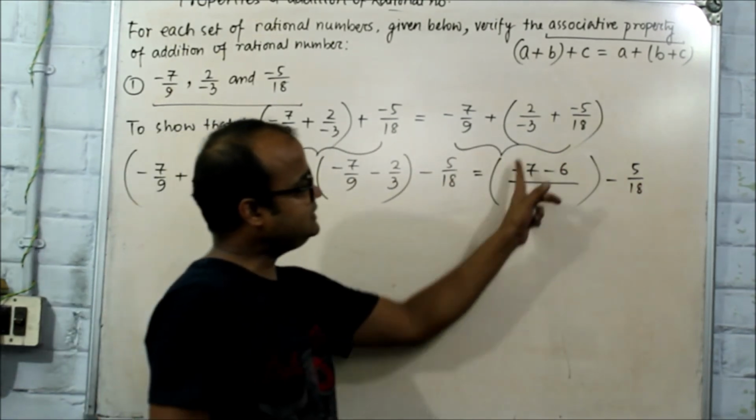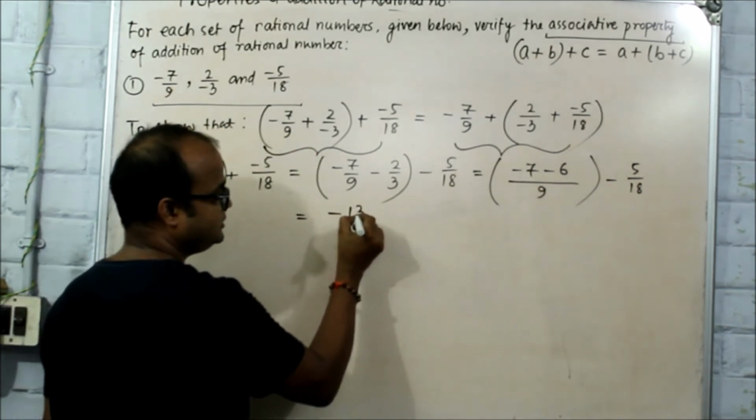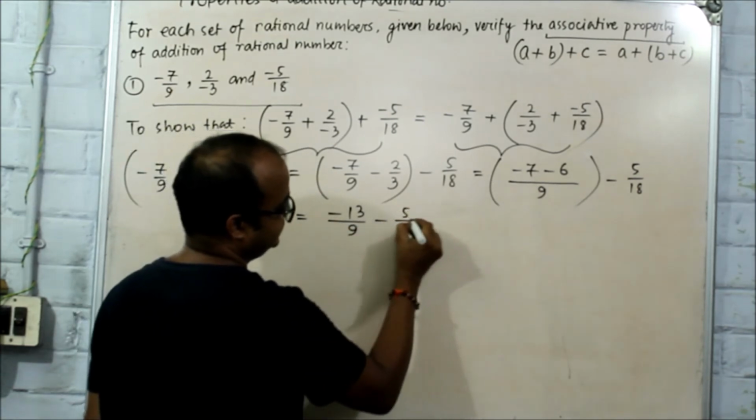So minus 7 minus 6 is equal to minus 13 by 9, minus 5 by 18.